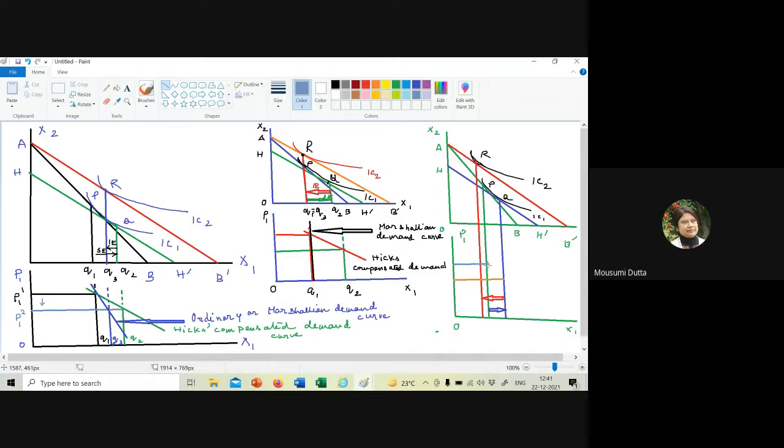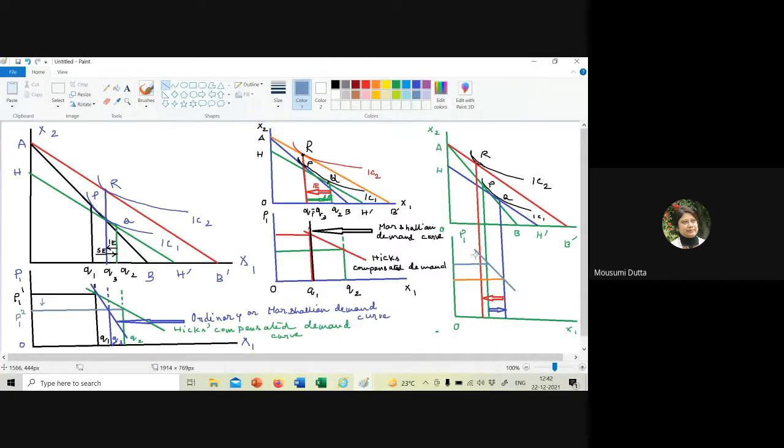Joining this point, that is the initial consumption point, and this one. Initial consumption point, that is Q1 consumption at price P1, and this Q2 at price P2.